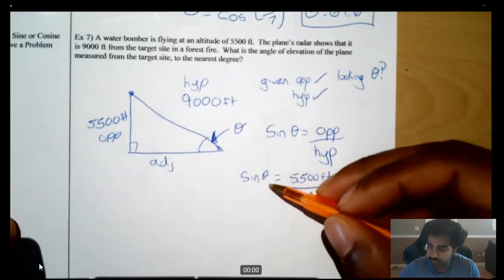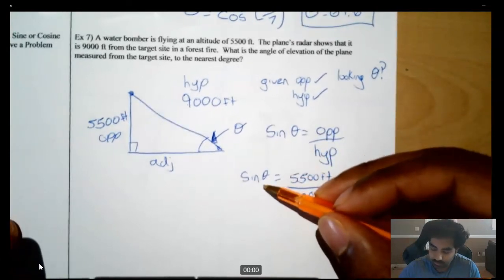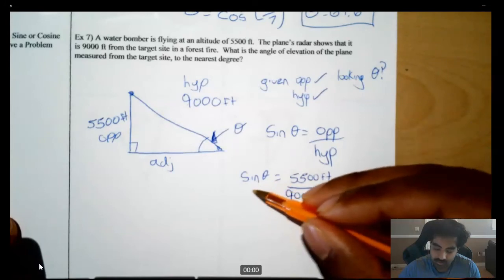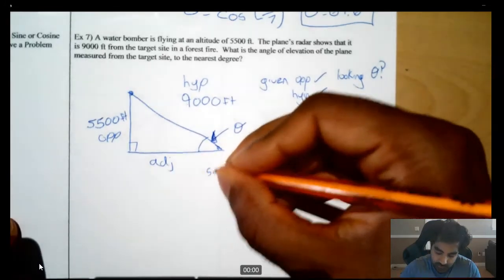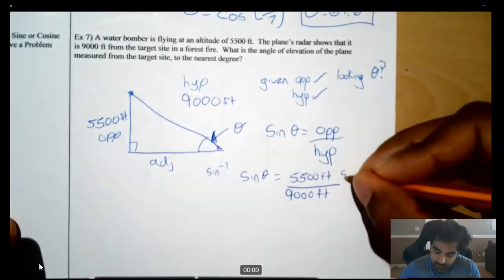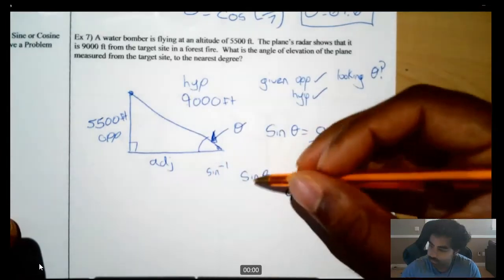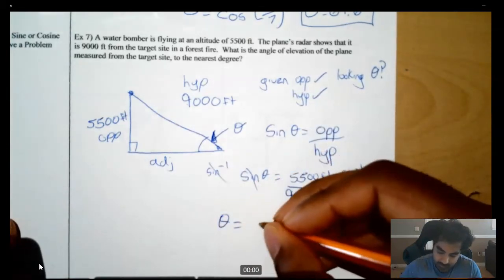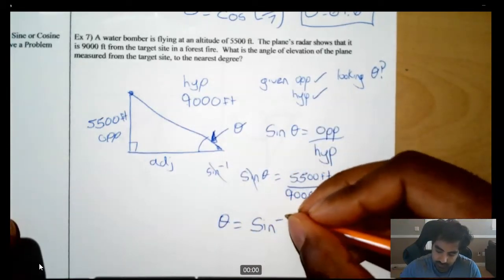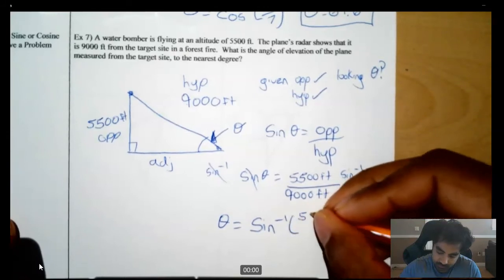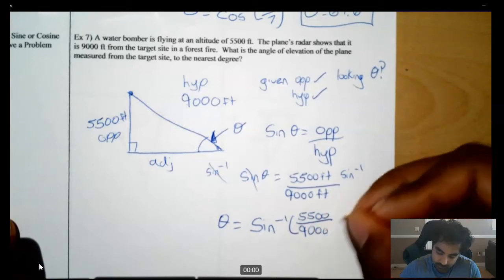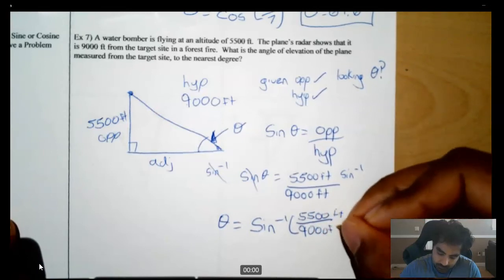So whenever we're going to find angles, remember, you're always going to have to do an arc function, to get rid of the sine that's attached to the angle. So you're going to do arc sine here and arc sine here, right? So these will cross out. And so you're left with theta equals arc sine 5,500 divided by 9,000 feet.